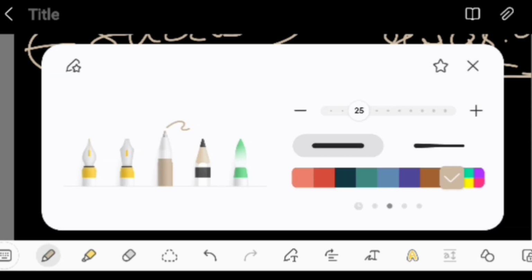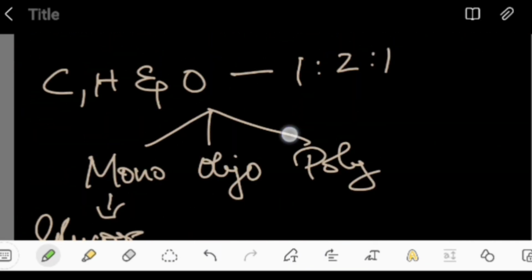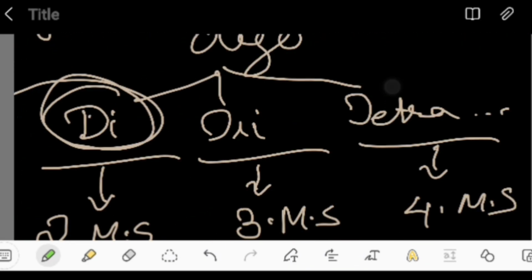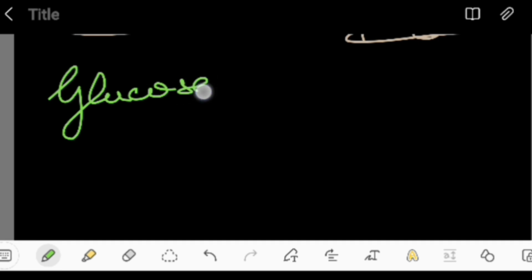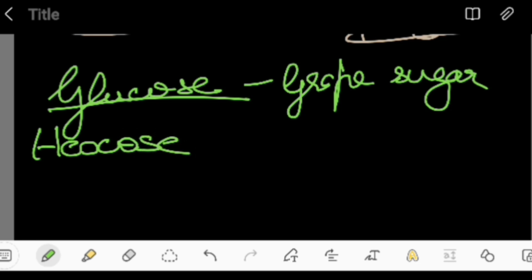Fine. So, this is what you have to learn about disaccharide. Now, I will just teach you about glucose and fructose in a more detailed way. Nothing more detailed, just an introduction should be given about both monosaccharides, or they will just feel lost. Glucose is a hexose aldose reducing sugar, and it is also known as grape sugar, blood sugar, etc. It is a hexose made up of 6 carbon.